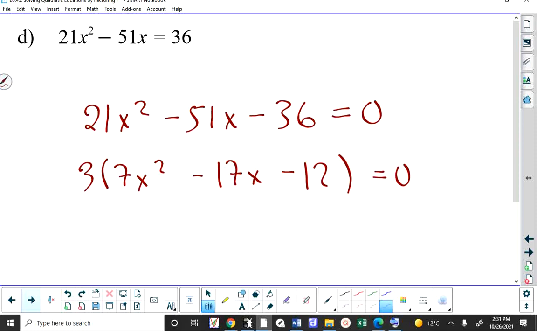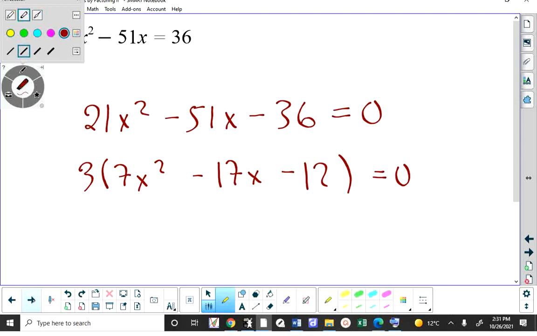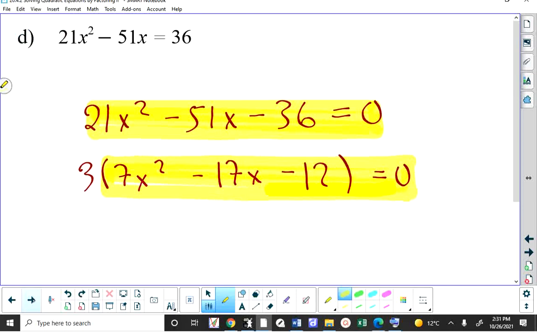What you're essentially doing is you've changed it from this equation to this equation. Now, the 3 doesn't play a role. It's not going to give you a solution to the equation. I still want you to keep it there, though. So you're dealing with smaller numbers. Always look for a greatest common factor. Always, when you're solving any kind of equation like this.